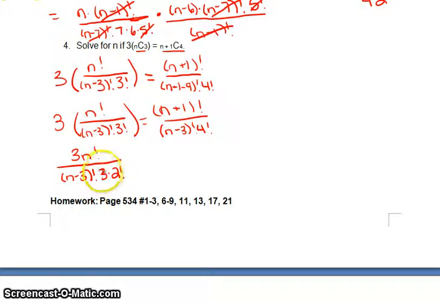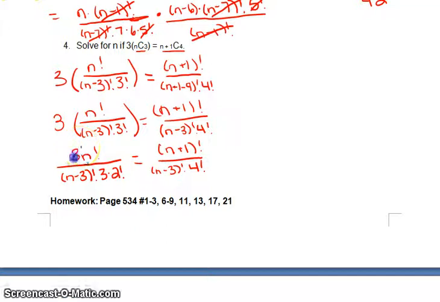So remember, we can rewrite our 3 factorial. 3 factorial is just 3 times 2, because times that by 1 it'll just be the same thing, so we really could just go 3 times 2. And that is equal to n plus 1 factorial, divide that by n minus 3 factorial, times that by 4 factorial.